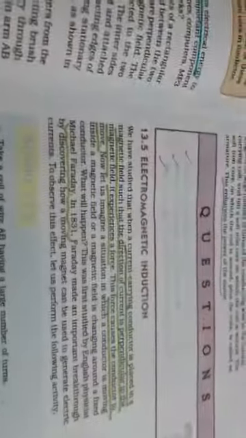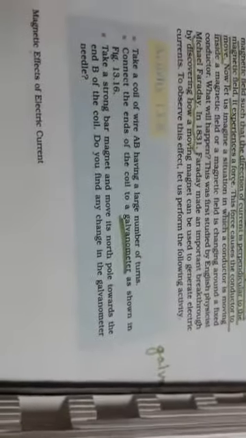Now coming to the next set of questions we have here. State Fleming's left hand rule. Now state Fleming's left hand rule. What do you do? You stretch the thumb, forefinger and the middle finger or the center finger, right? This is page number 233.